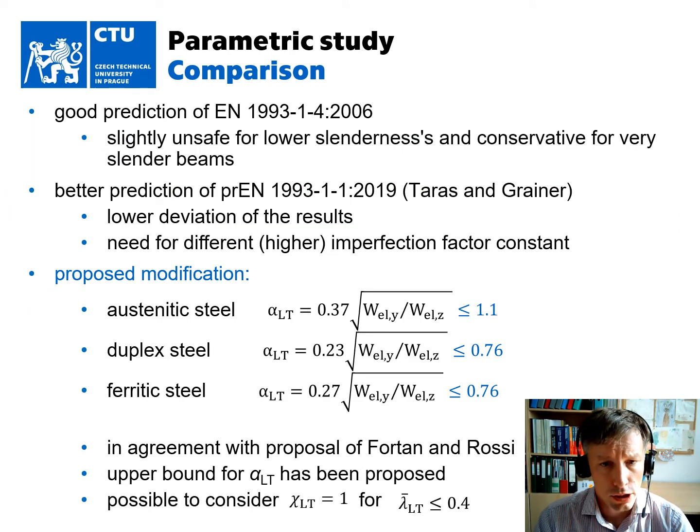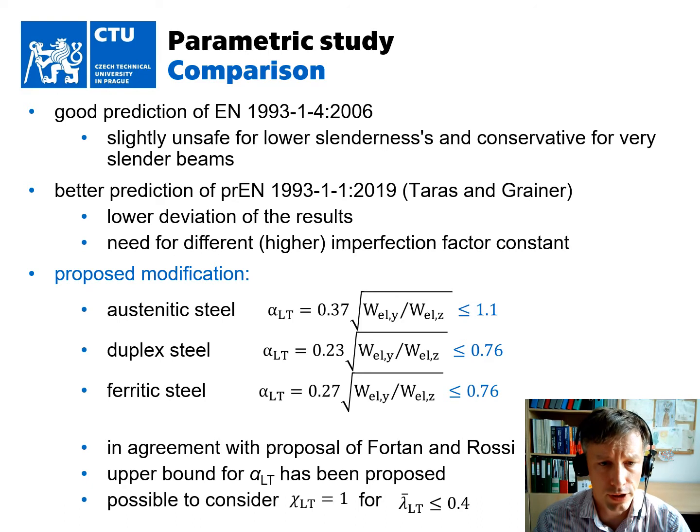I will not show all the comparisons in charts, only summarize that the Eurocode 3 1-4 led to relatively good prediction. There were some slightly unsafe results for lower slendernesses and more conservative results for higher slendernesses of the beam.